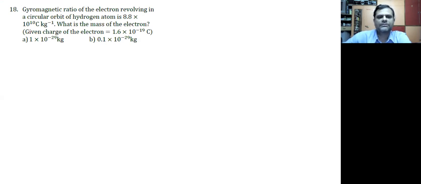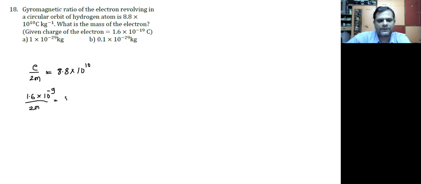Okay, what is the mass of electron given that the charge on electron is, so barometric ratio मतलब E/2m होता है, जो कि दिया हुआ है यहाँ पे 8.8 into 10 raised to 10. सो चार्ज भी दिया हुआ है, तो मास निकालना कौन सी बड़ी बात है, तो निकाल सकते हैं आराम से। 1.6 into 10 raised to minus 19 upon 2m will actually be equal to 8.8 into 10 raised to 10, so that 2m will actually be, और 2 को रखो वैसे ही, m को सिर्फ लेके जाओ उधर, तो 1.6 into 10 raised to minus 19 upon 2 times of 8.8 into 10 raised to 10, that is going to be m.